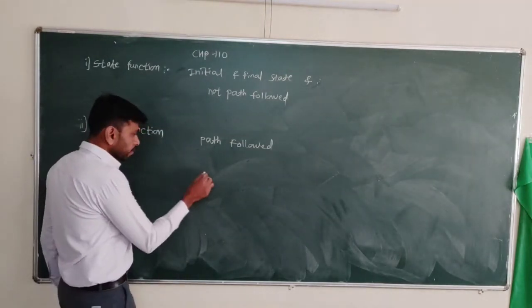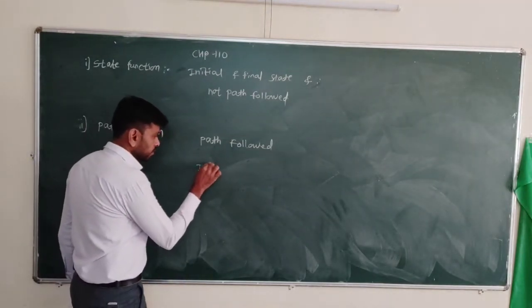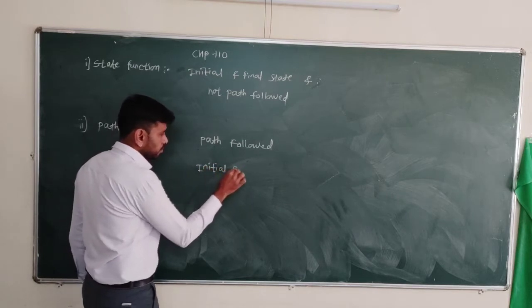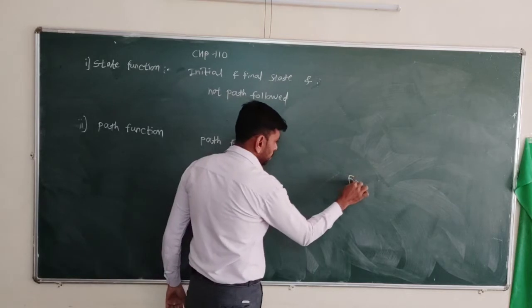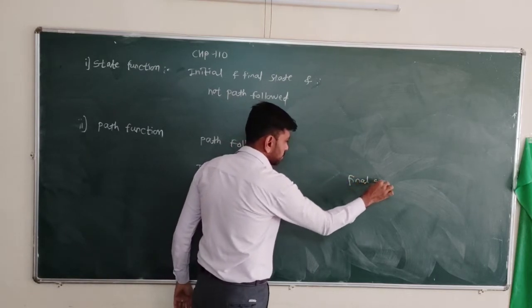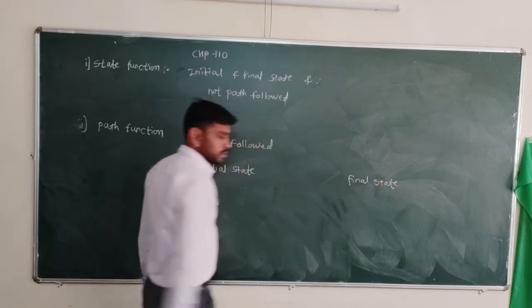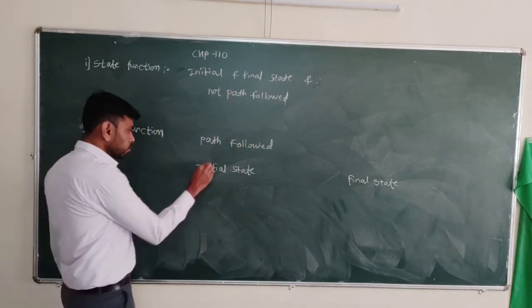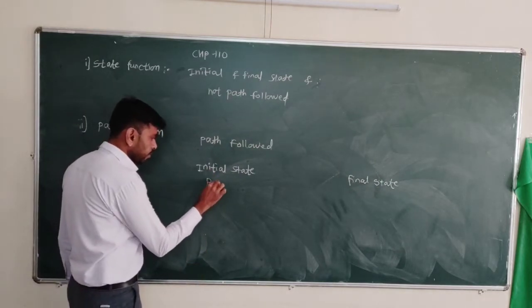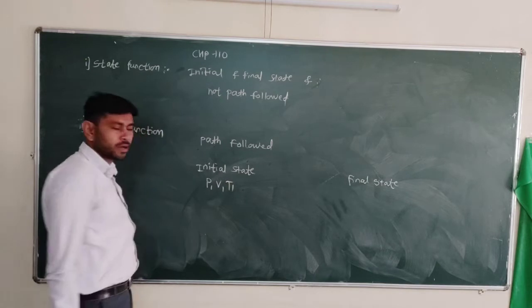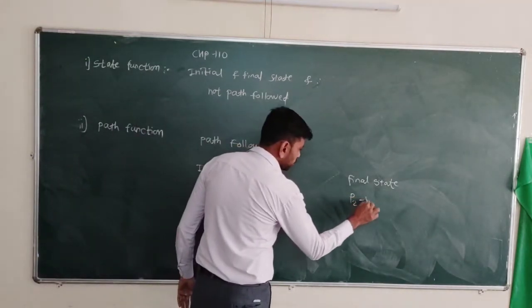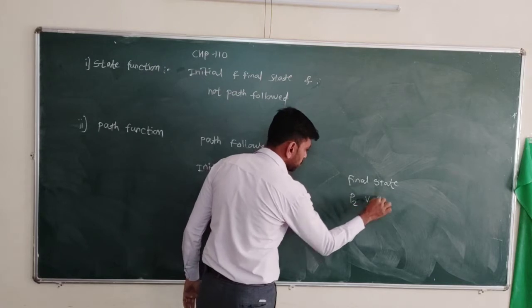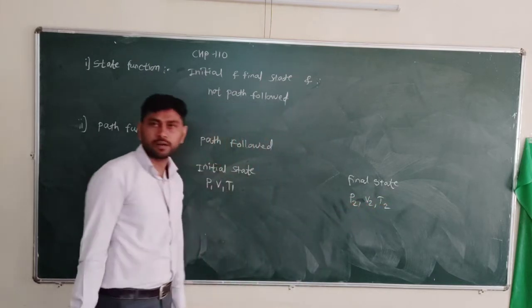So see, if the system is at an initial state, and after some time the system is at a final state, and P1, V1, T1 are the initial variables, and P2, V2, T2 are the final variables.